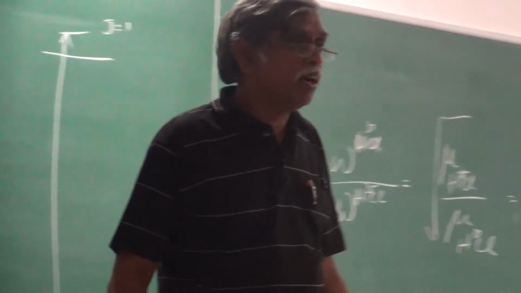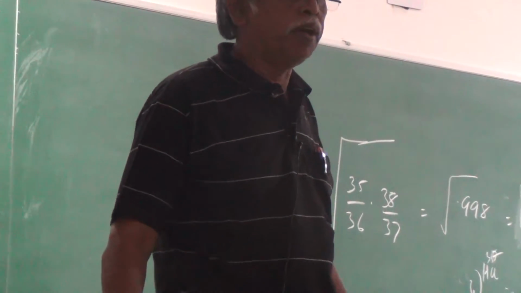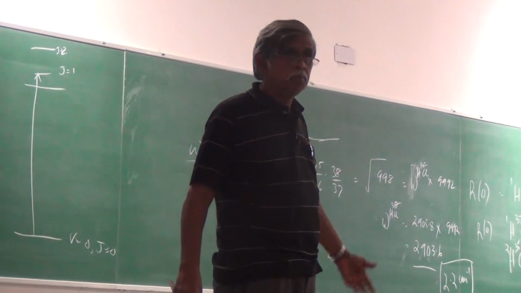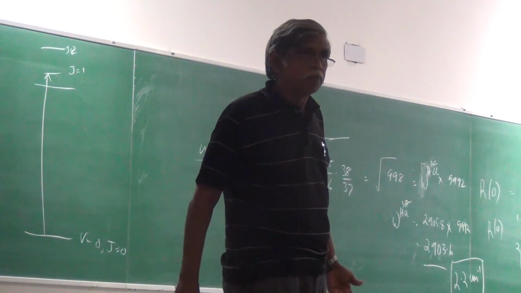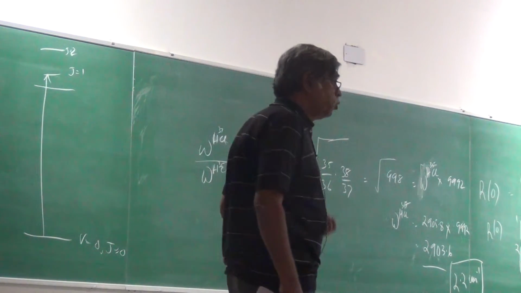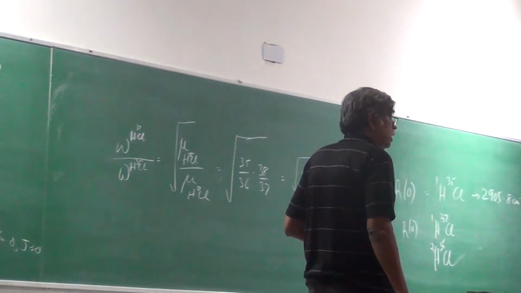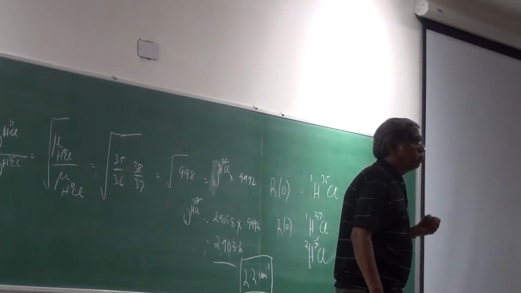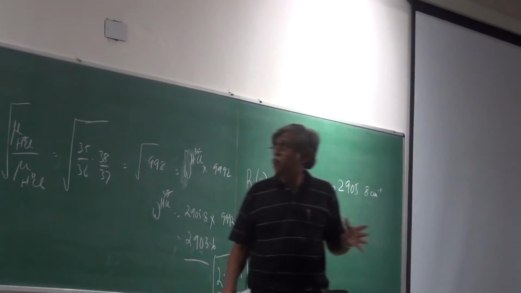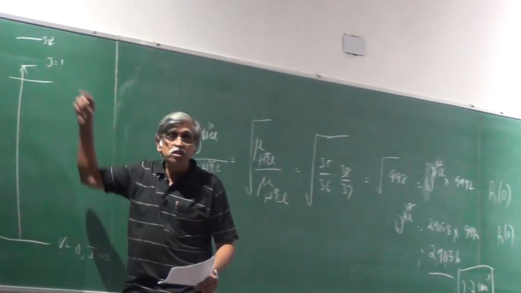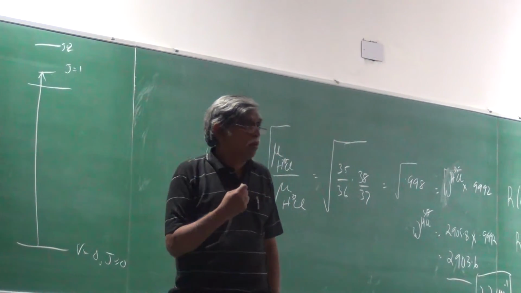While the HCl 35 has a frequency roughly around 2905 point something, the HCl 37 is 2903 point something. So there is a shift of about 2.2 wave numbers that is coming from the vibrational part of the whole problem. But then we don't know, the rotational part also suffers from an isotopic shift.